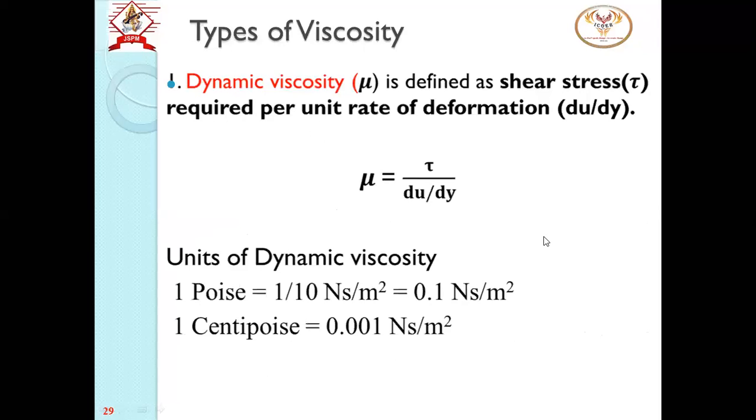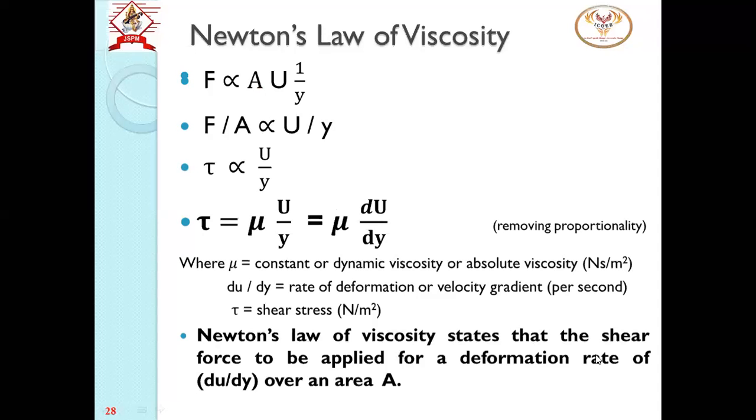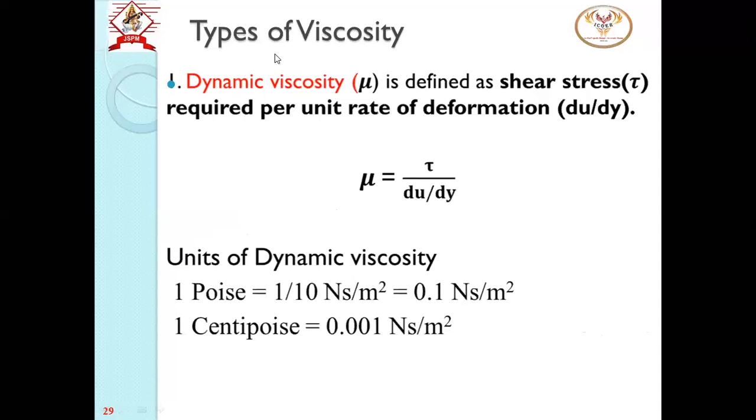Now, in this, mu is dynamic viscosity. This is the first type of viscosity, the dynamic viscosity, denoted as mu. It is defined as the shear stress required per unit rate of deformation, that is du upon dy.